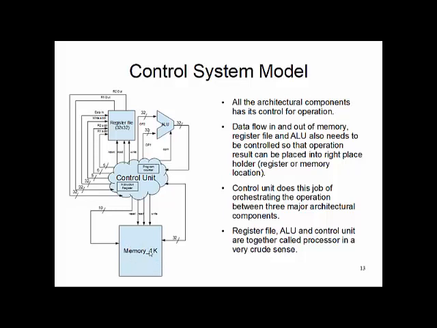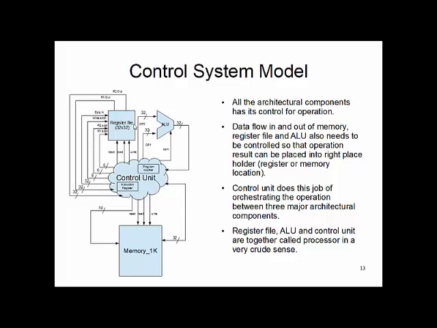And then what happens is this. Let's say there is an addition operation requested as the next instruction. The control unit reviews that instruction stored in the instruction register and takes the next course of action. Let's say it is an add operation between two operands, and the two operands are stored in the register file.